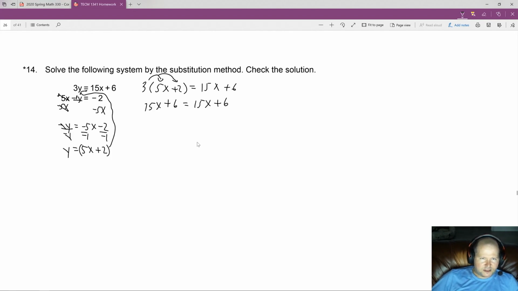And this is what I was referring to before. I can continue to try to solve this, but I've already recognized that obviously 15x plus 6 is equal to 15x plus 6. So we already know at this point these are dependent. They're infinite answers. And all real numbers are our answers.